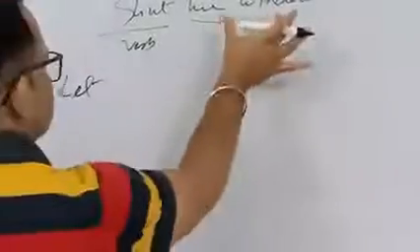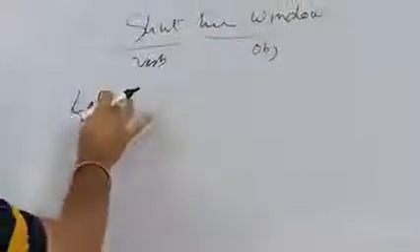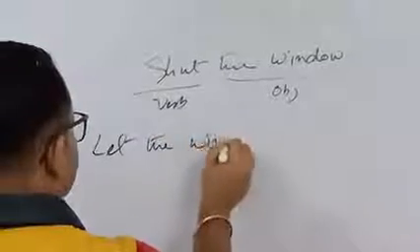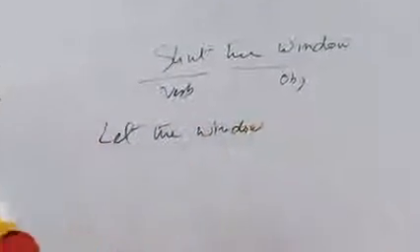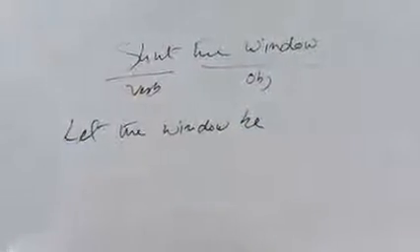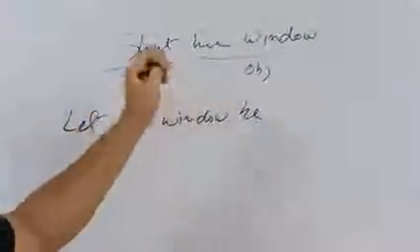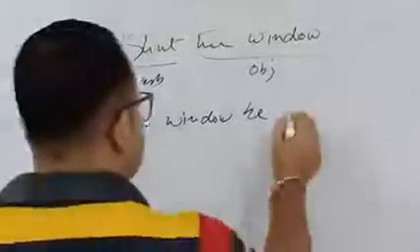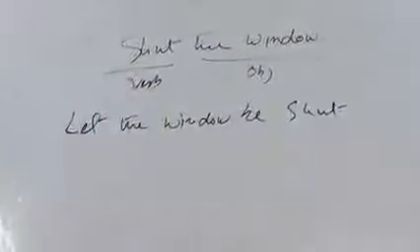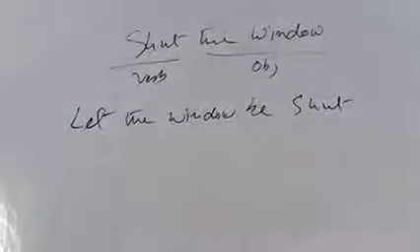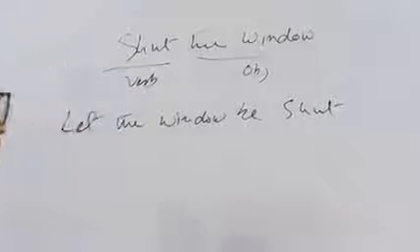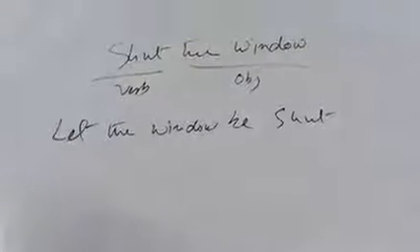Then you have to bring the window after let: let the window, and then you have to put be, and then the past participle form of this word, that is shut. Shut is a kind of verb in which all the forms are similar: shut, shut, shut. Okay? One more example.